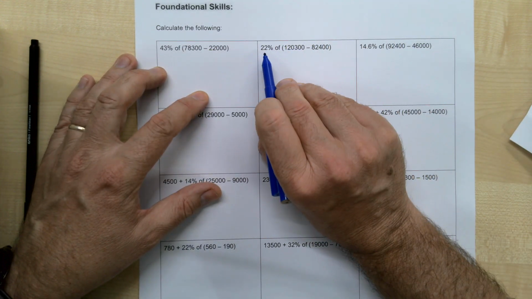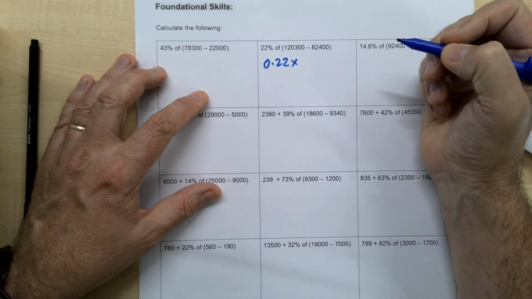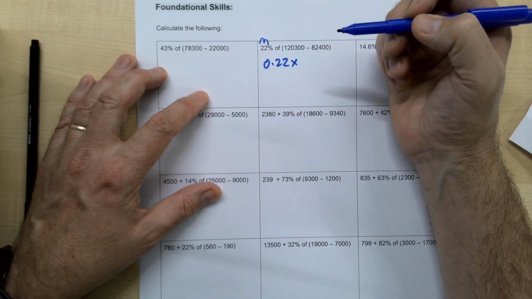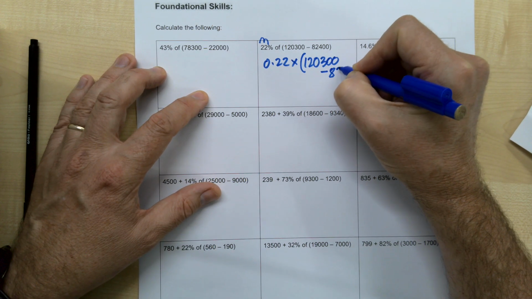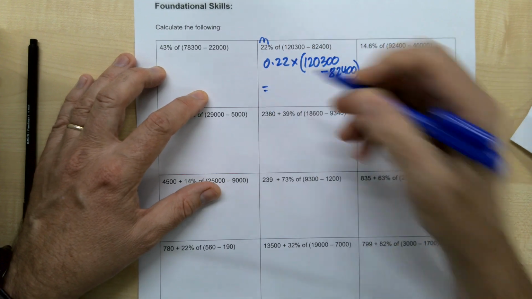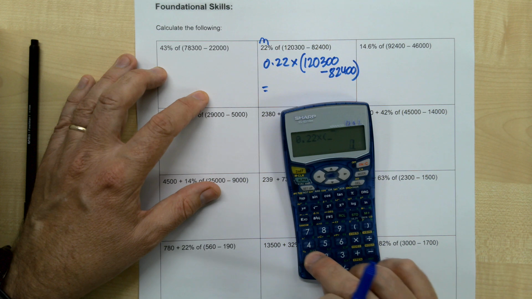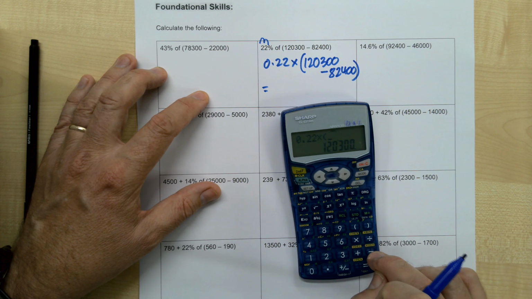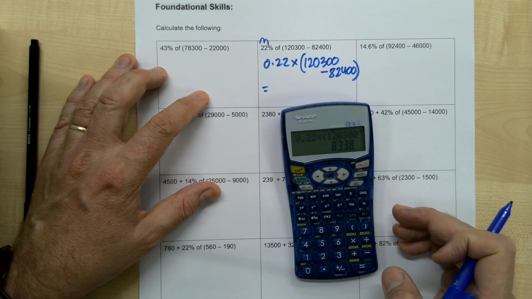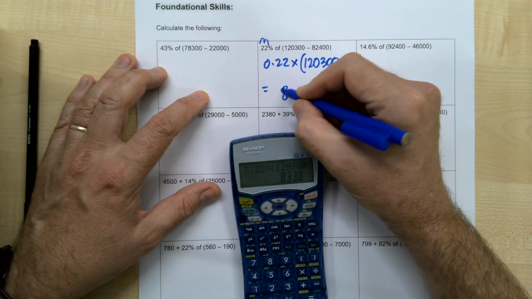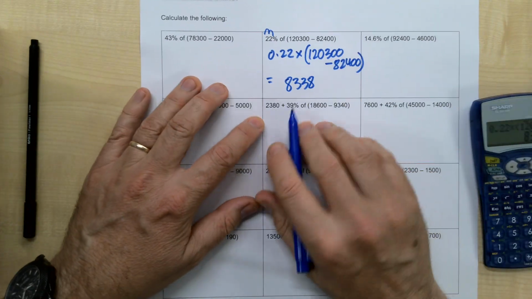So let's look at this one here. 22% of that, that's 0.22 times the bracket 120,300 minus 82,400. Close the bracket. That's 8,338.